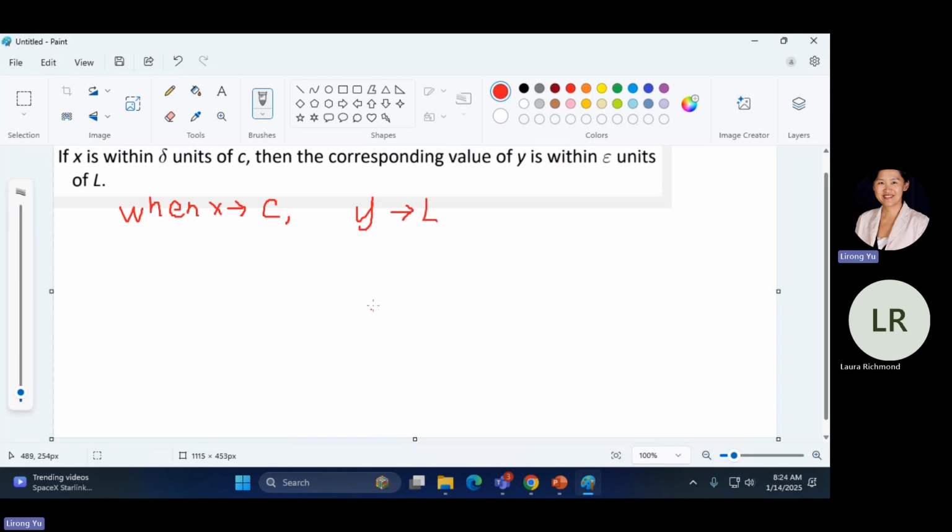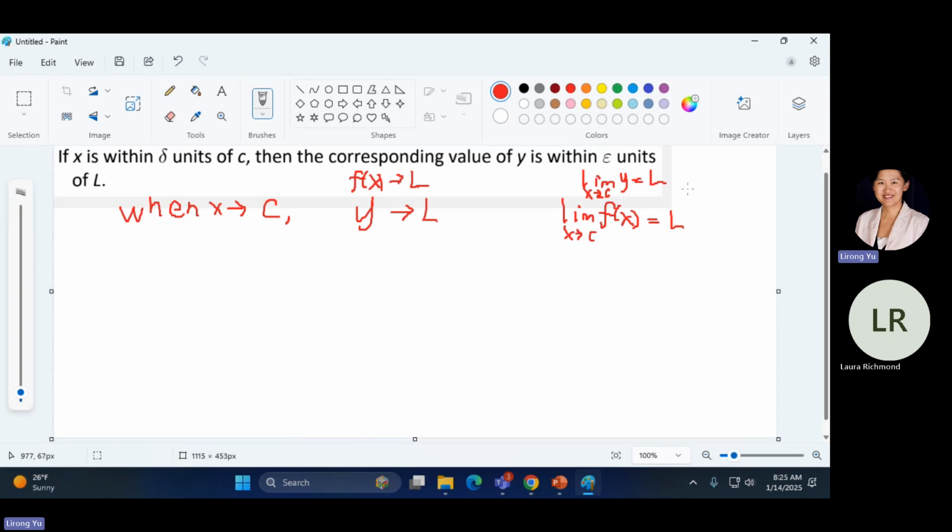That's why y is the same thing as f of x. f of x is approaching L. That's our limit notation. So this is the same thing as saying the limit of f of x when x approaches C is equal to L. Or another way to say that: the limit of y when x is approaching C is L.